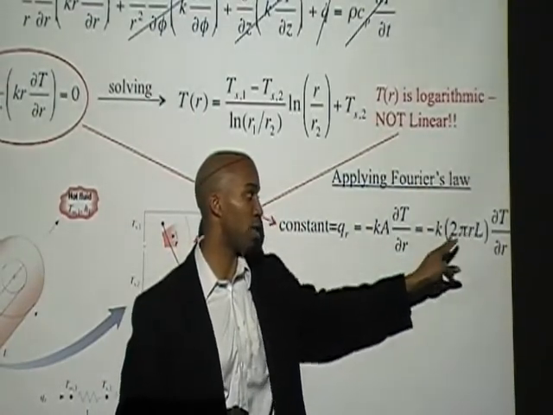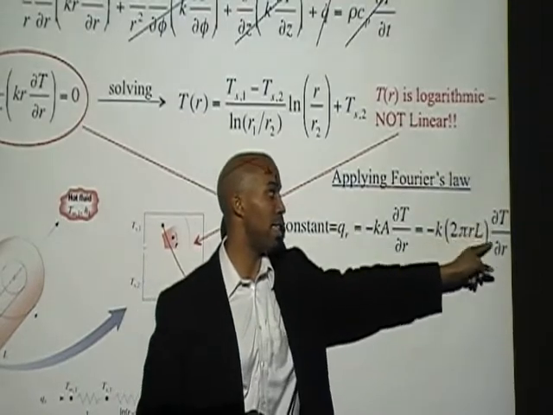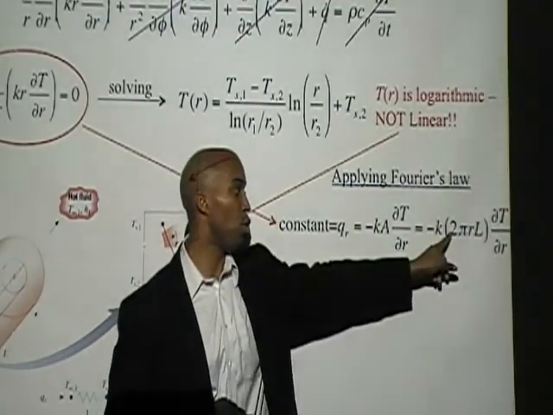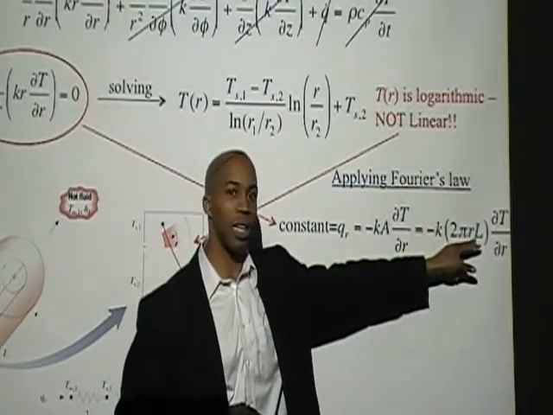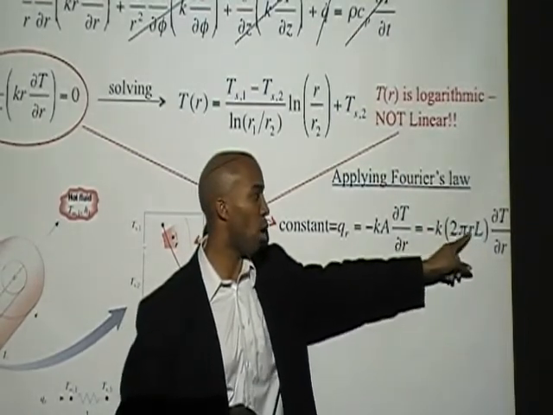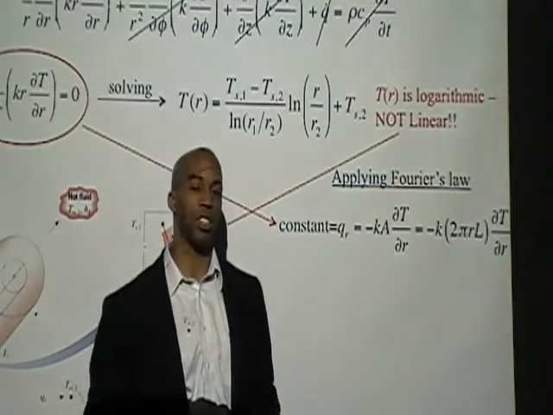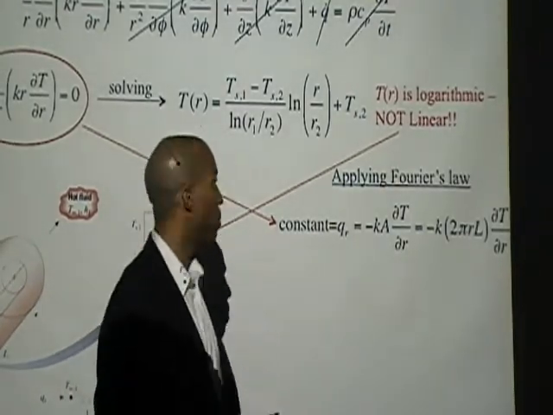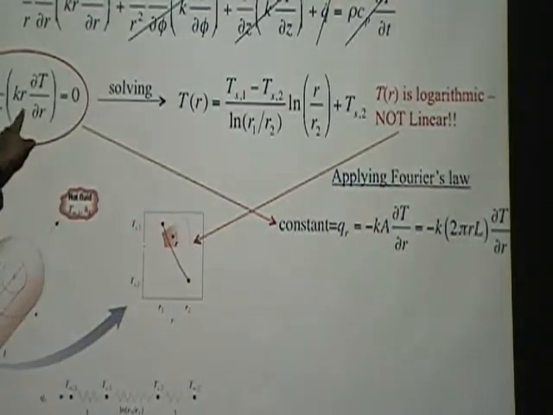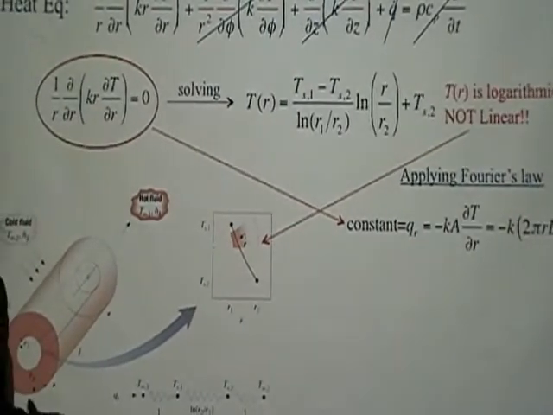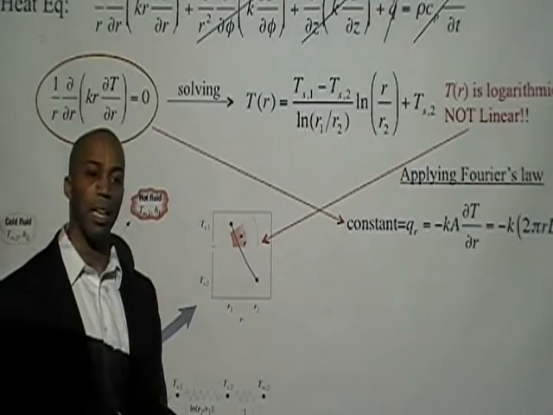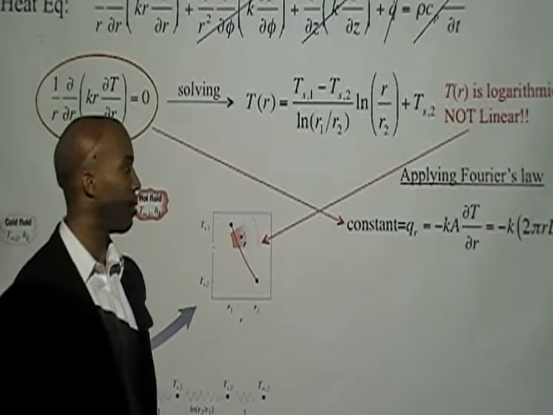So here's where the r times k comes from, and then dT/dr. So 2 and π are constants, of course. L in this problem is a constant, but r can be changing. However, because that r shows up multiplying our dT/dr, our heat rate is by definition constant.